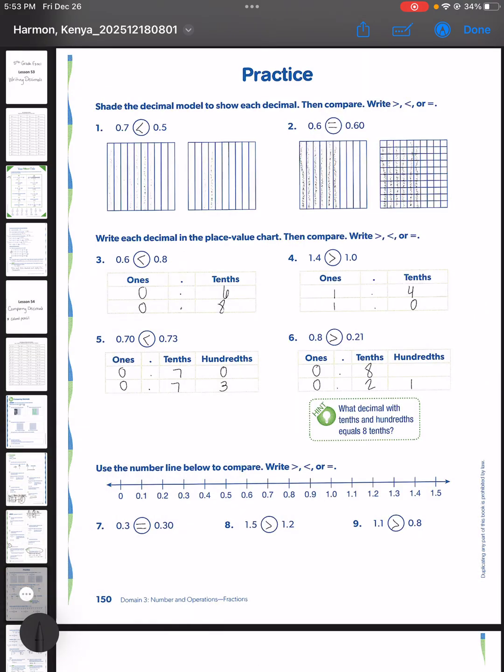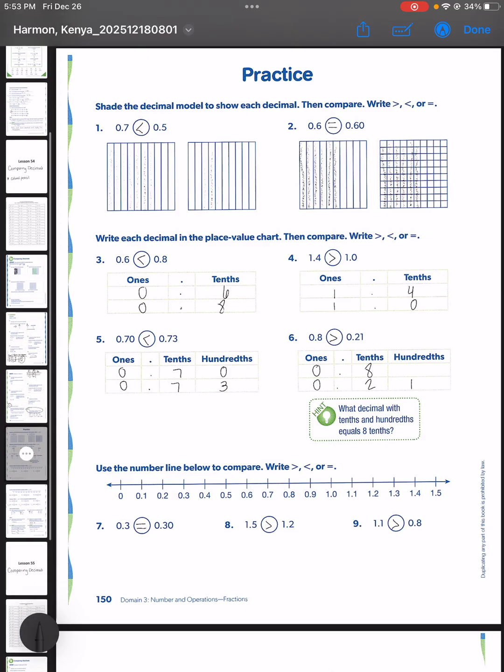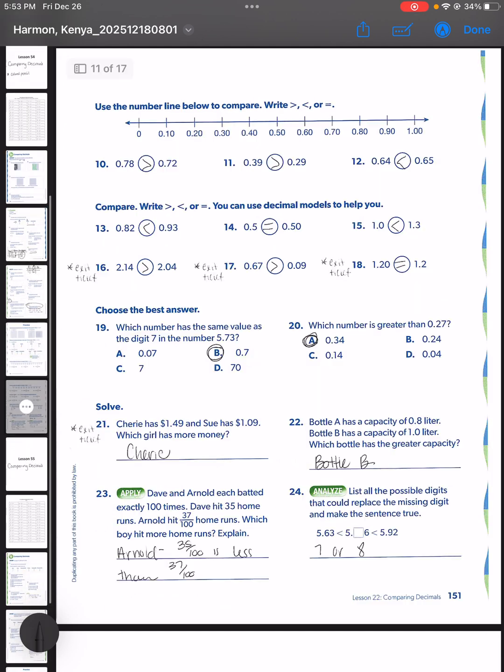And then they're using their strategies to get through the practice problems for the day. Again, questions 1 and 2 are where it's going to be helpful to have a colored pencil. They're using that place value chart in 3 through 6, and then the number line in 7 through 9. And then the questions continue.